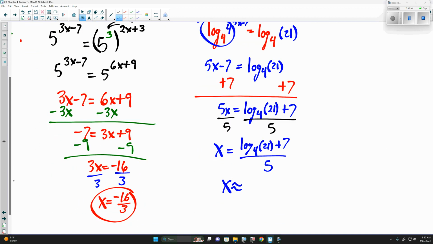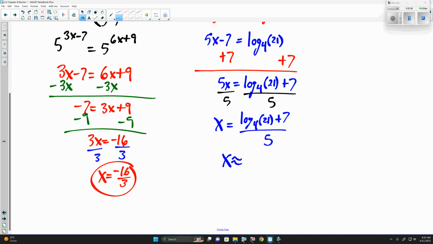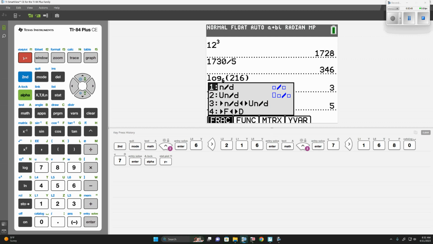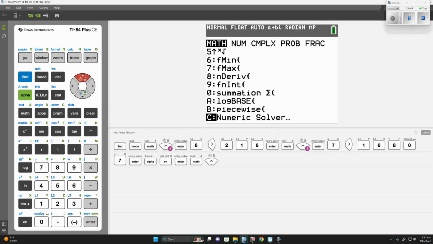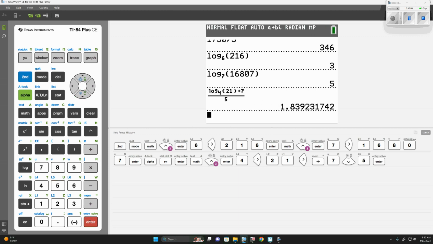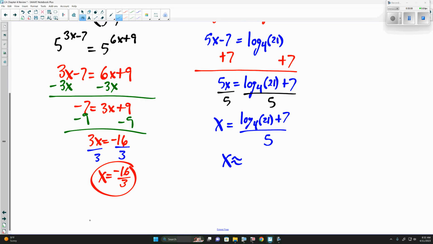Round to the nearest hundredth place, tenths, hundredths. So second decimal place. Equals enter math. Log base 4 of 21. I think it was plus 7 divided by 5. 1.839, so 1.84.